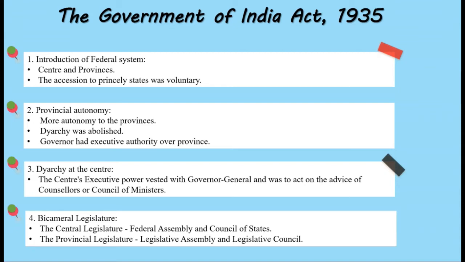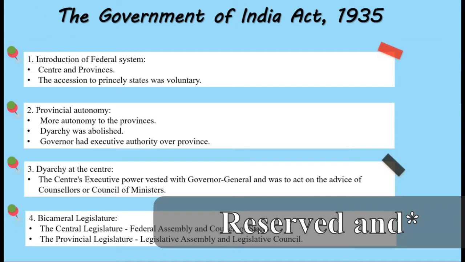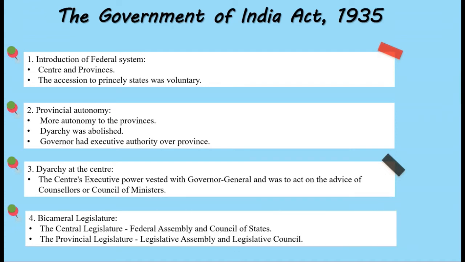Third point, diarchy at the center. A. The Governor General exercised executive authority at the center on behalf of the Crown. B. The subjects under the federal list were divided into reserved and transferred list.